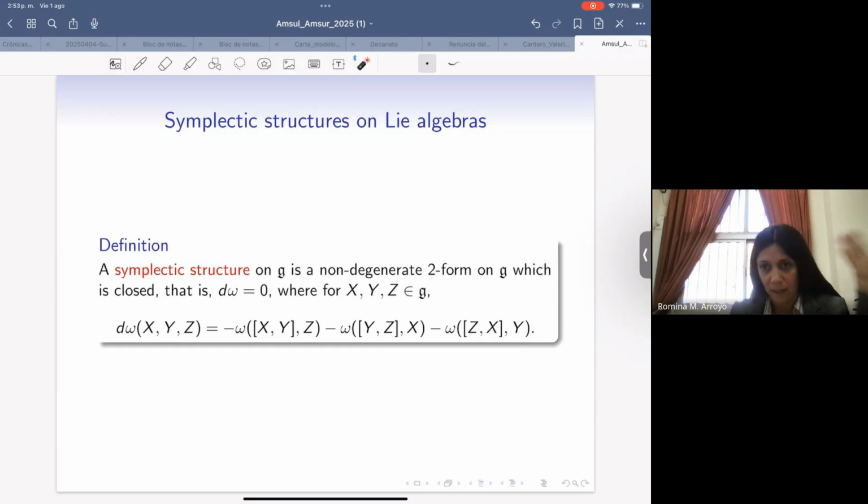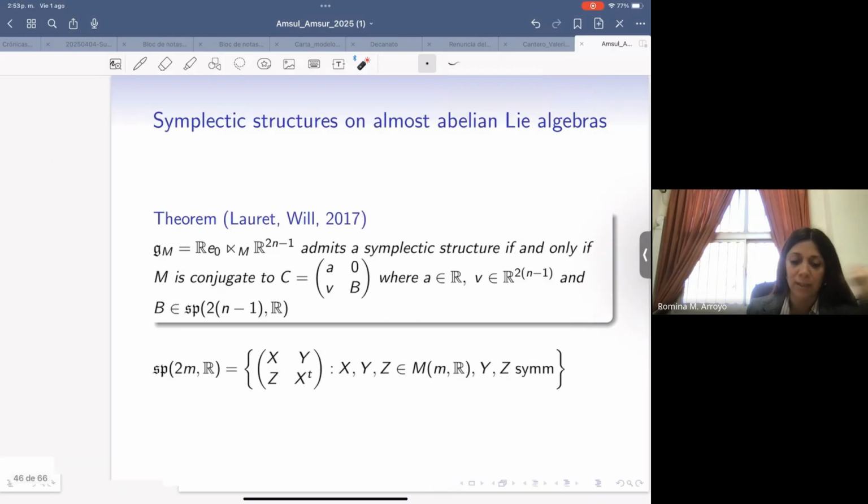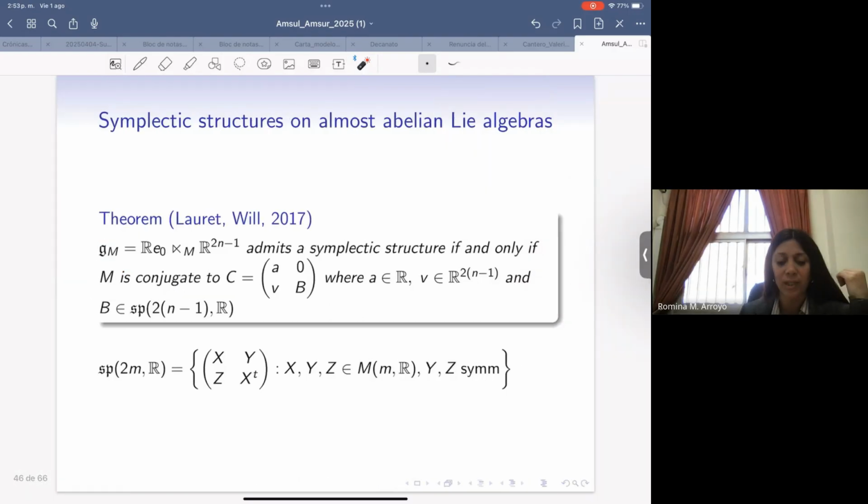That's the reason, again, we restrict ourselves to these almost abelian Lie algebras. And here we have an analogous result to the complex case. This was proved by Lauret and Will.